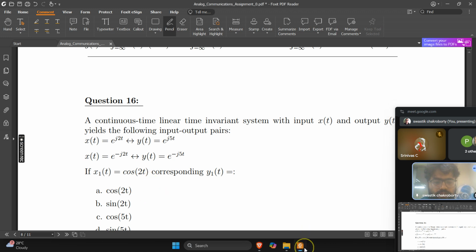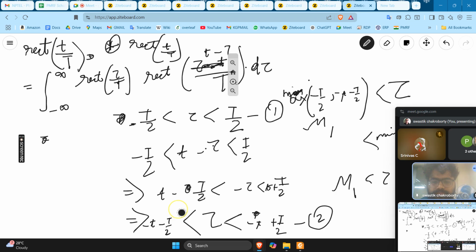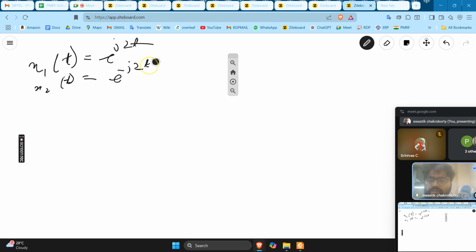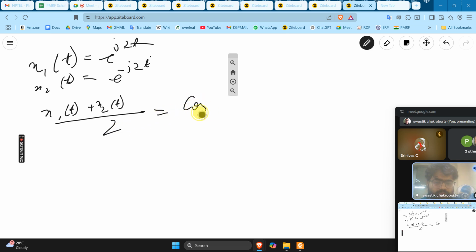So here you are given two different inputs, x1(t) as e to the power j2t, and x2(t) which is e to the power minus j2t. Half of the sum gives cos 2t.